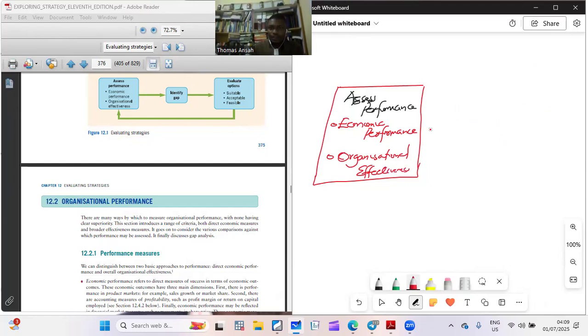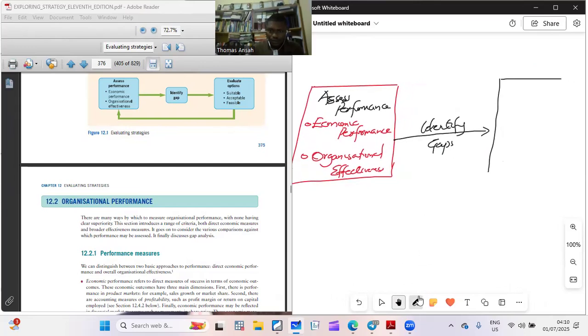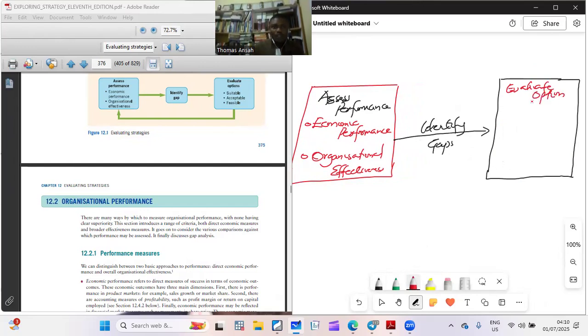All right. Then we will do what we call gap analysis. You identify gaps. Then you evaluate our options under the lens of the SAF or safe evaluation. So we will evaluate the options that we have to solve the gap.